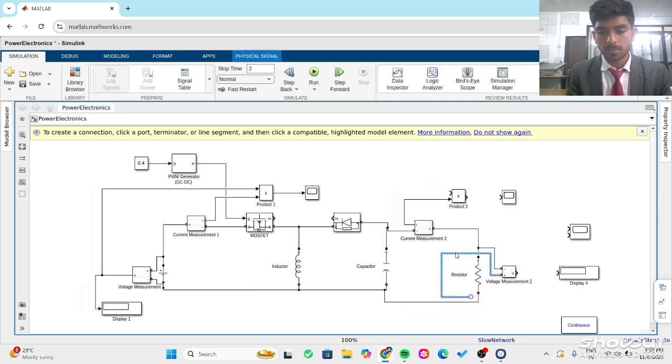Connect it properly. Connect the voltage measurement in parallel with this.